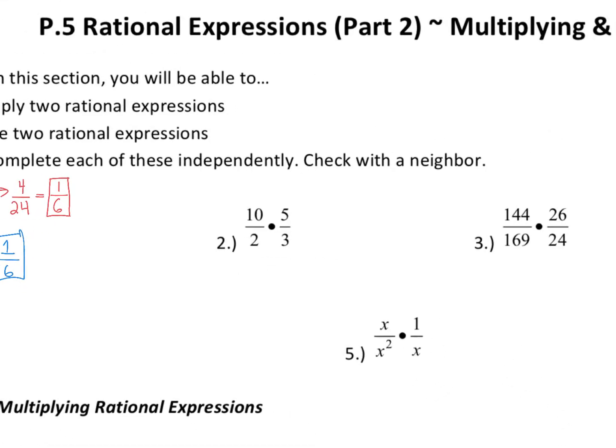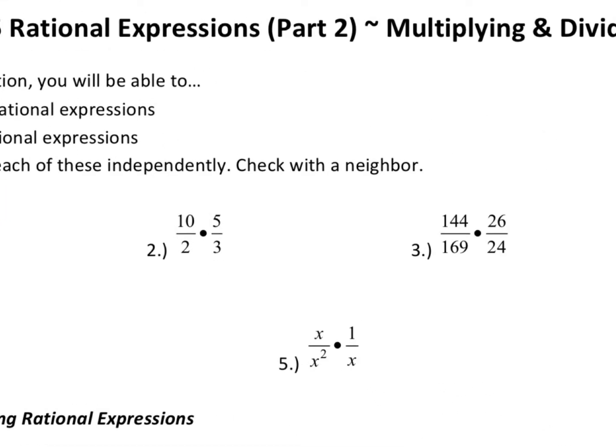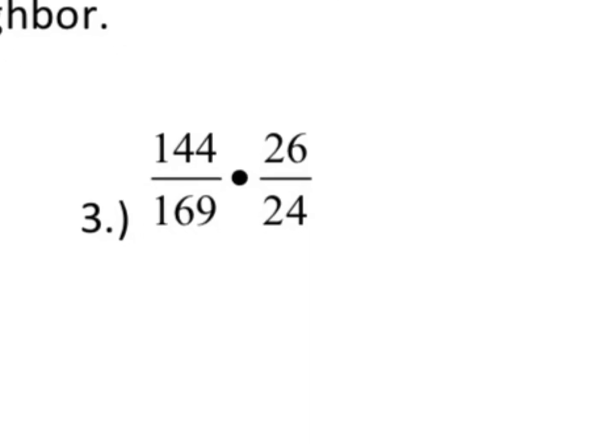The one I wanted to fast forward to a little bit is actually a problem like number 3. Those of you with a calculator handy would consider maybe just multiplying straight across the top, straight across the bottom, and then reducing, but allow me to show you a cool trick. You can reduce first.